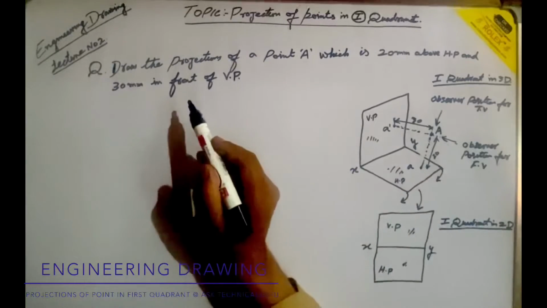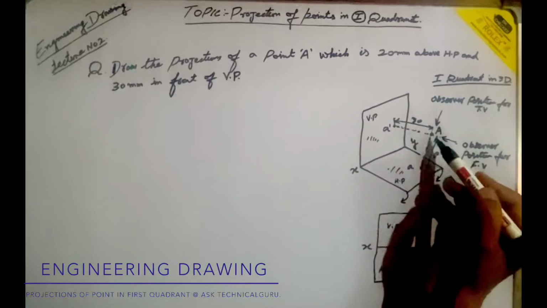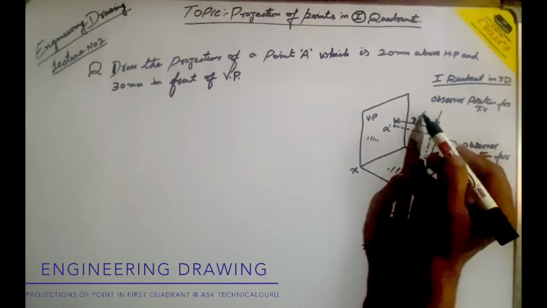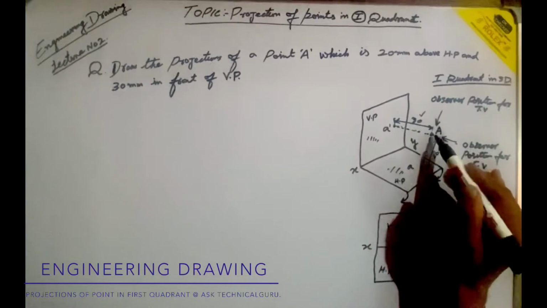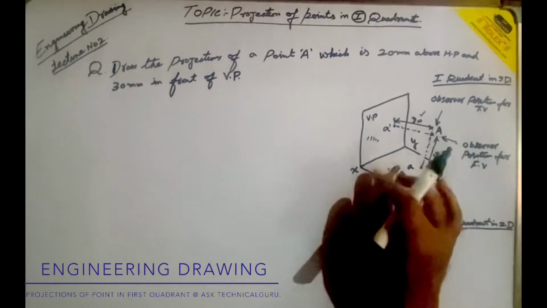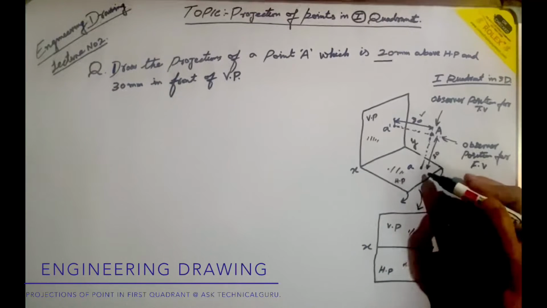As per the question, this point A is 30 mm in front of the vertical plane, that is here 30 mm. And this point A is 20 mm above the horizontal plane.